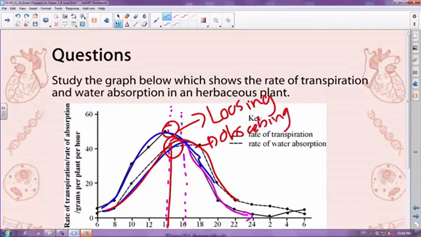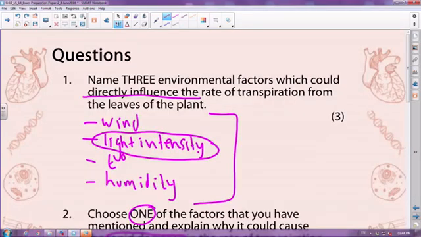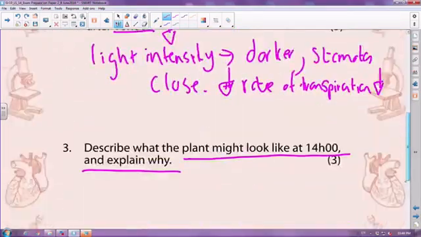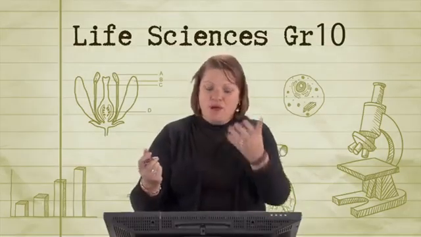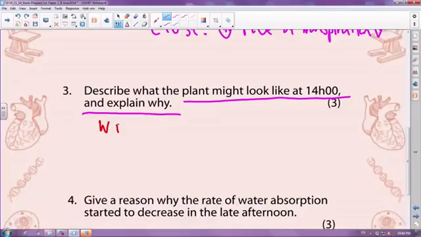So now if that is the case, let's answer. More water is going out than coming in. So what might happen to your plant? Here's a word: they might wilt. They might start to droop a bit. And there's your reasoning from the graph.